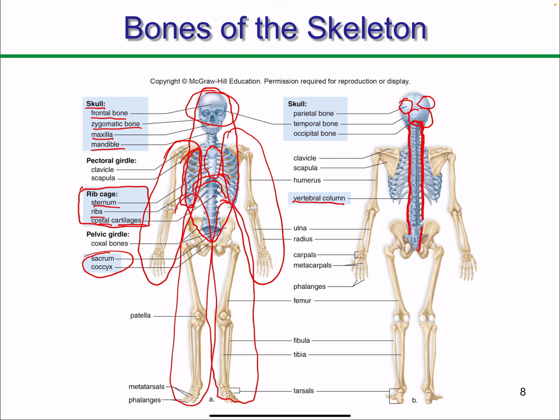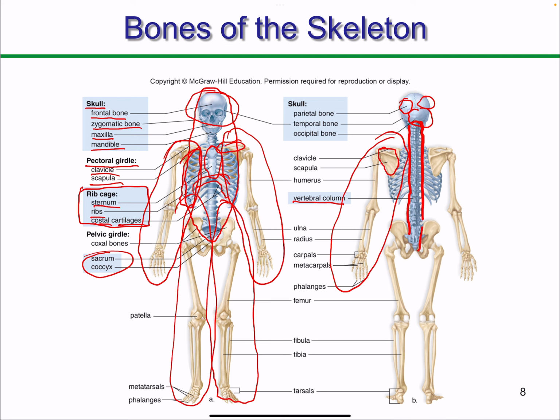The appendicular skeleton, right? It's going to have this, and that is actually part of what we call the pectoral girdle. The pectoral girdle is going to have the clavicle, the scapula, right? The scapula right here, the clavicle right here, right?